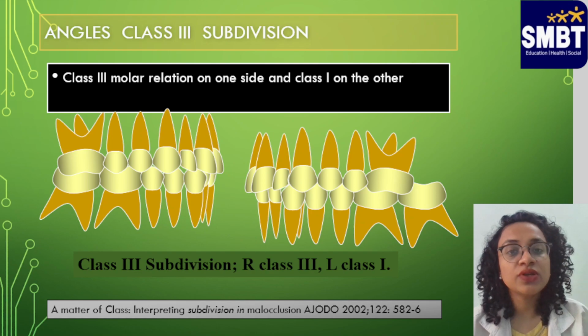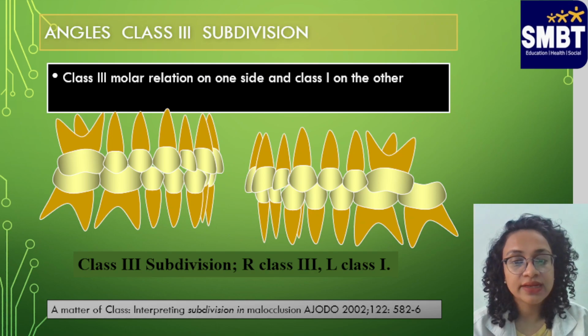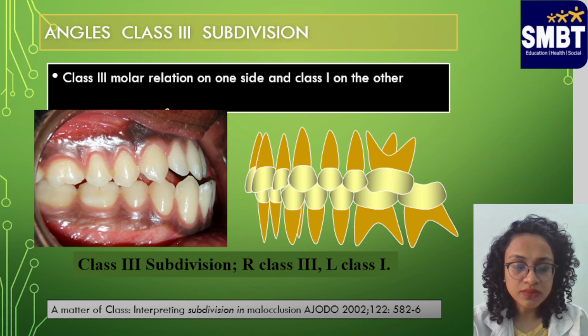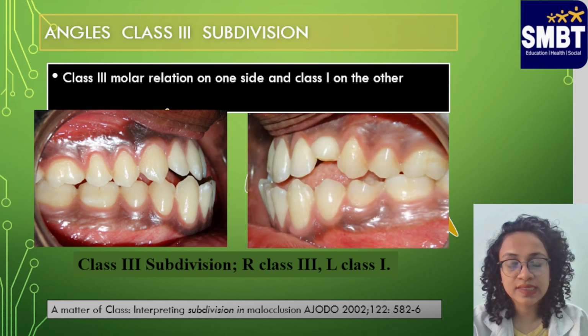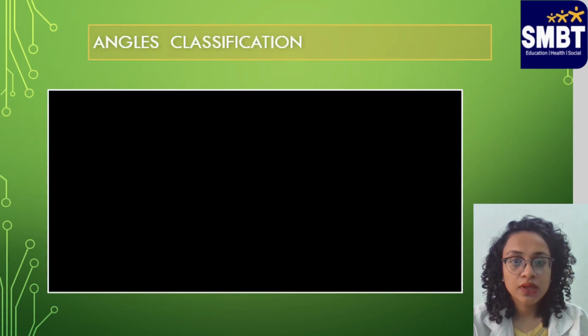So students, whenever you write about any subdivision, you always have to specify the right and left side also and write the molar relationships simultaneously on each side. So this is the diagram which will explain it better. As you can see, on the right side it's a class 3 molar relationship and on the left side, it's a class 1 molar relationship. So this is the Angle's class 3 subdivision. Right side is a class 3 and left side is a class 1.